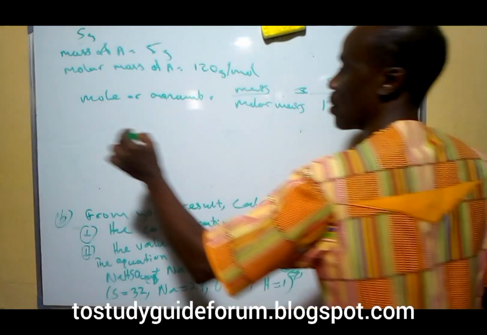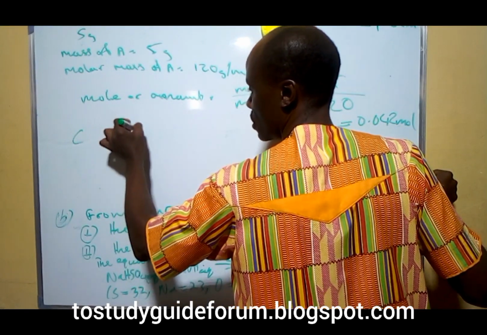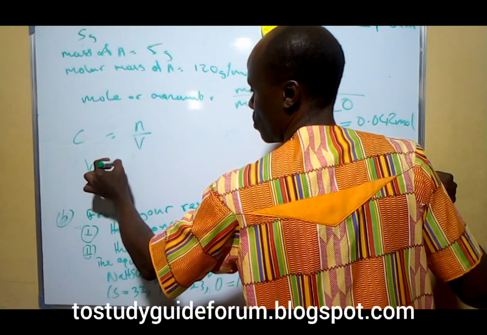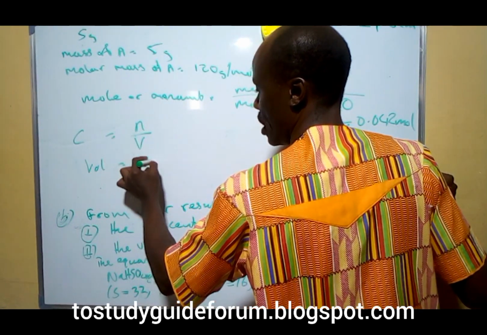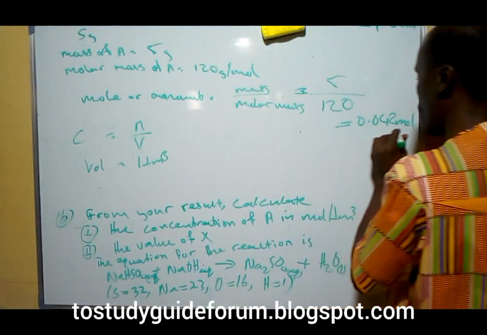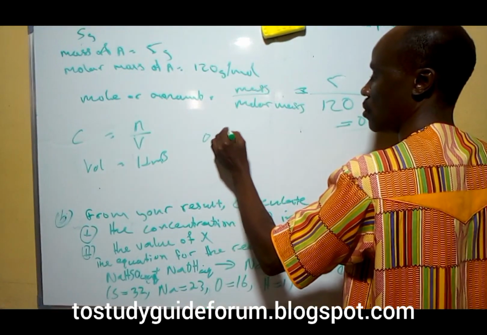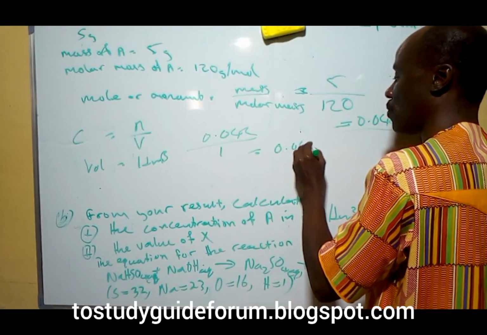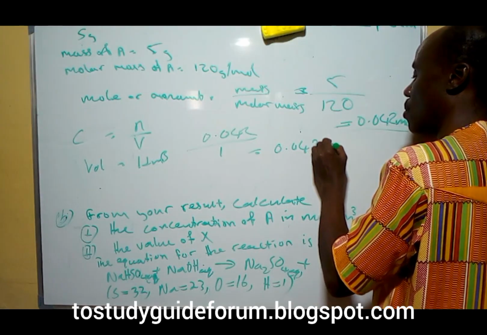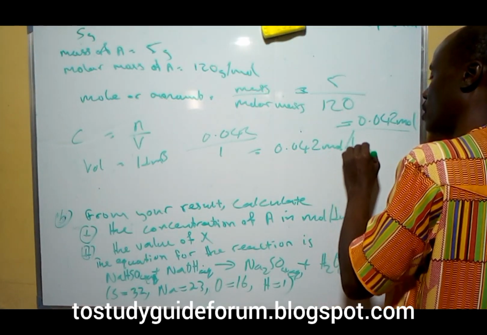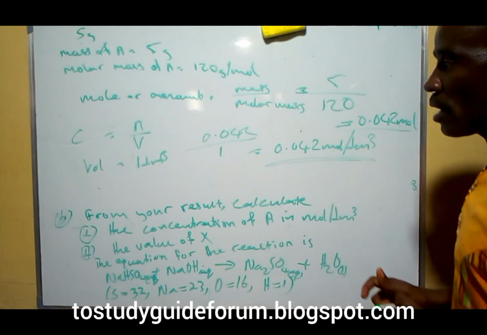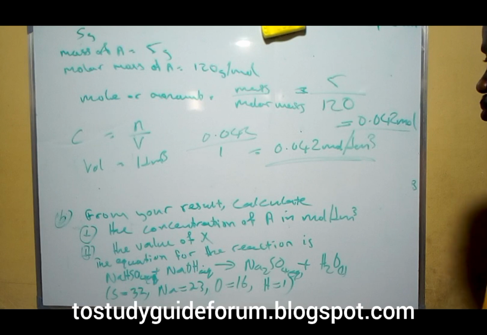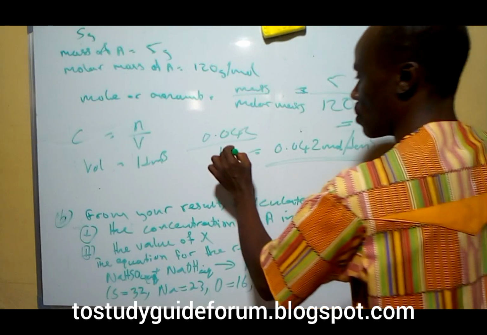Now we know that concentration is always amount over volume, and our volume is 1 dm cube. So our amount, 0.042 divided by 1, gives us 0.042 mole per dm cube. That is the concentration of A in mole per dm cube.